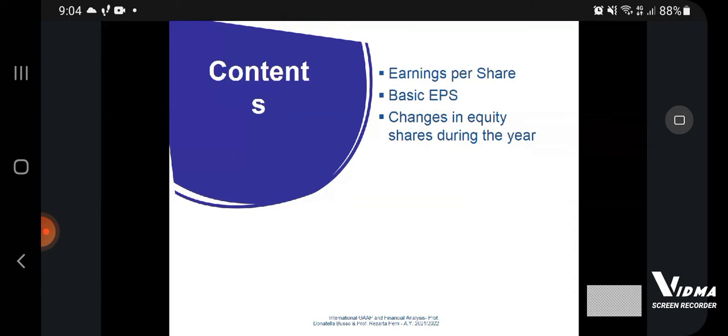So there are a lot of movements in the share amount during the year, and that makes it difficult to calculate the number of equity shares during the year. And the standard provides very specific and detailed guidance on how to calculate the number of average outstanding shares. And we will also explain that.